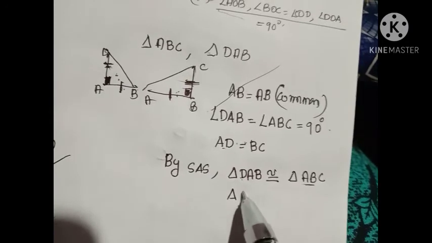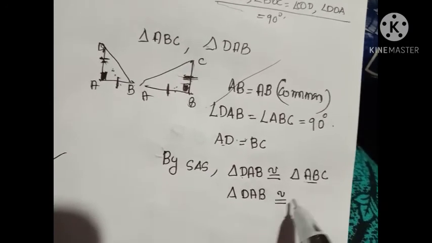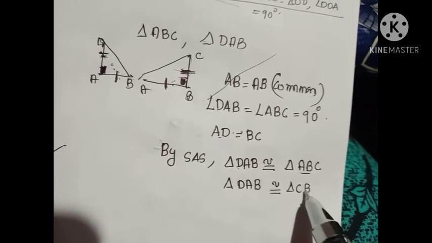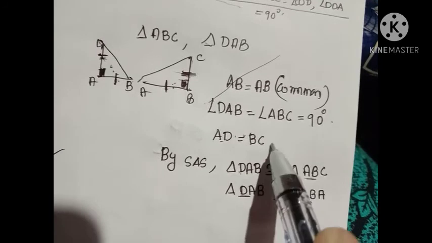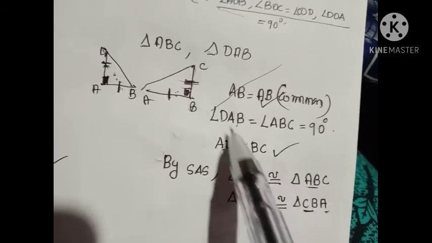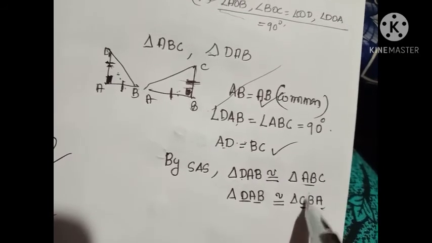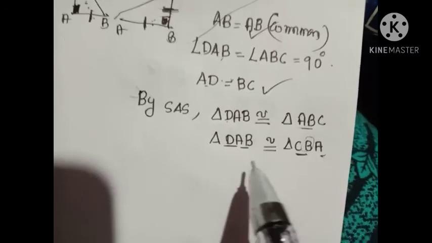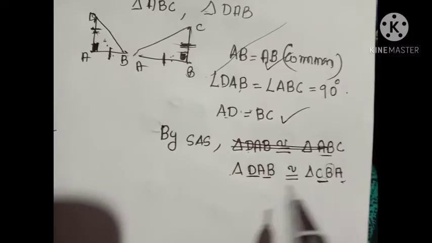So triangle DAB is congruent to triangle CBA. Now check. AD equal to BC. It's okay. AB equal to AB. That is okay. DAB equal to CBA or ABC. Middle letter. It is 90. Okay. So triangle DAB is congruent to triangle CBA.